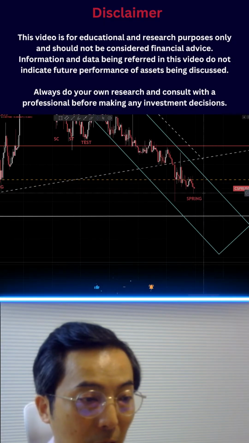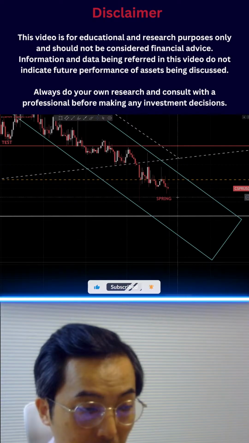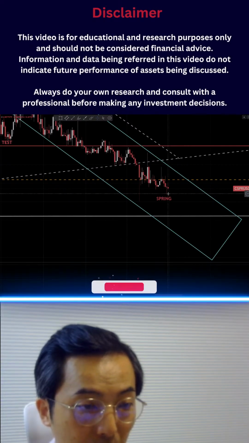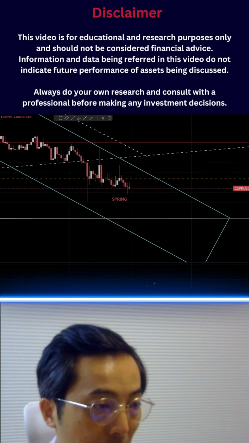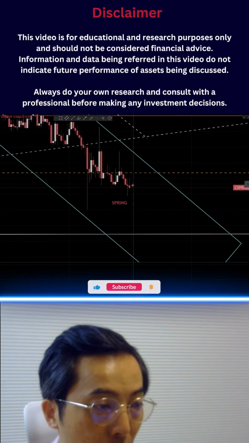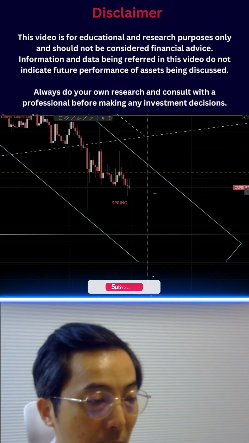So currently the price is getting very close. What happened yesterday was when the price got to 0.0074, there was sufficient buying to push the price back up by the close. But today we're still struggling around that.